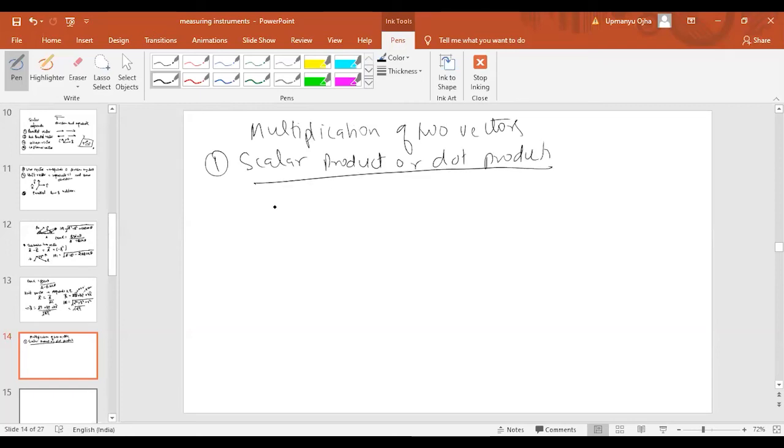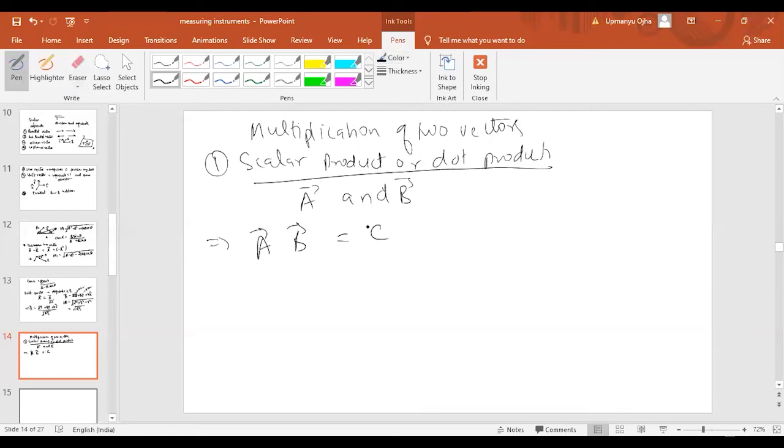If two vectors are given to us, like a vector and b vector, and if we multiply the two vectors a and b, then the scalar product is given by a vector dot b vector equal to c. The value which we are getting will be a scalar quantity c.